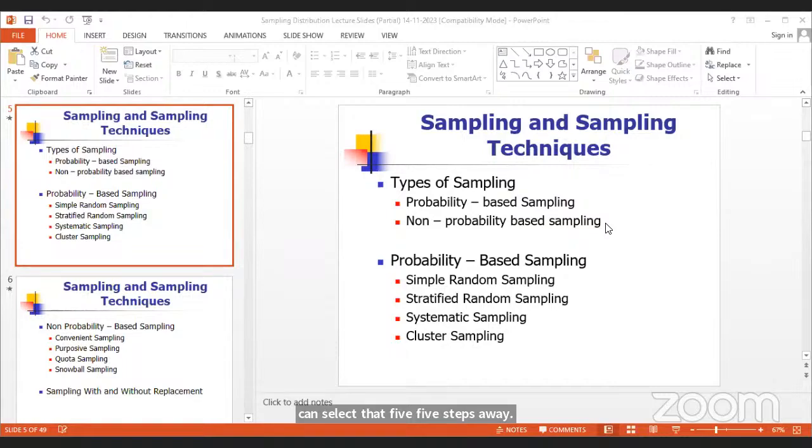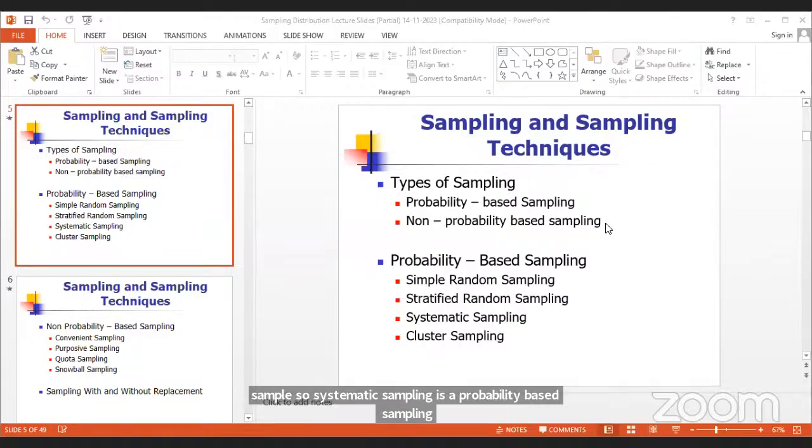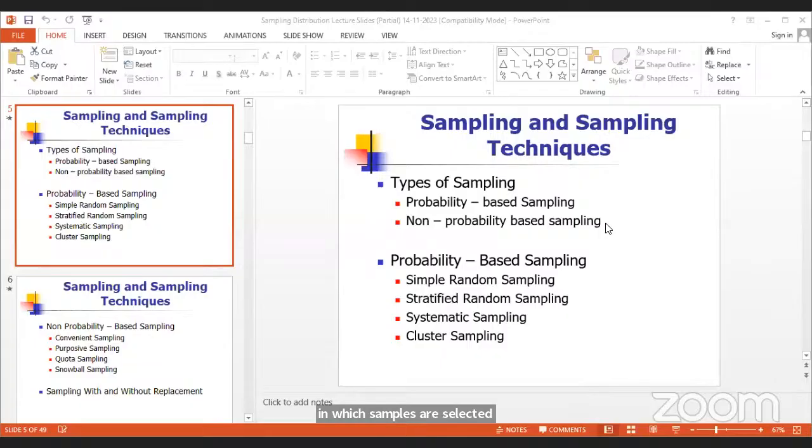So when you do your selection in such a way that the units are selected at regular intervals, that's systematic sampling. So systematic sampling is a probability-based sampling in which samples are selected at regular interval k after the initial random start.